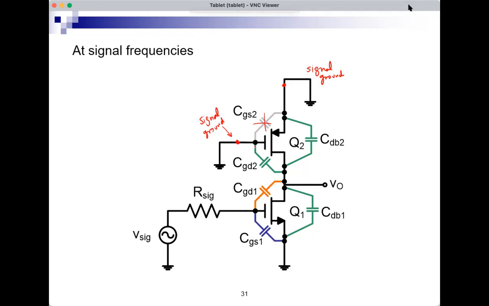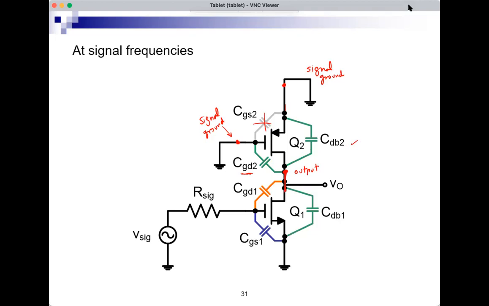If you look at CGD2, this one, it's between the output node and signal ground. So I will color it green, because this CDB2 is also between the output and signal ground. So I will also color it green. But also CDB1 is between the output, which is this node, and ground.